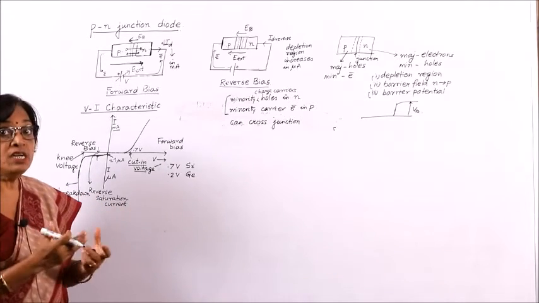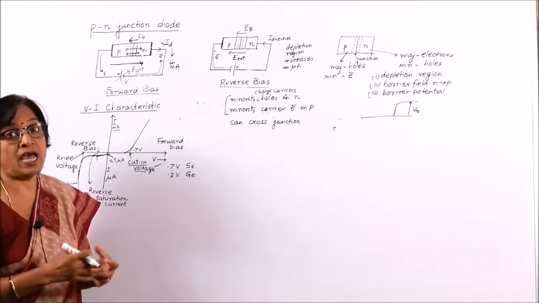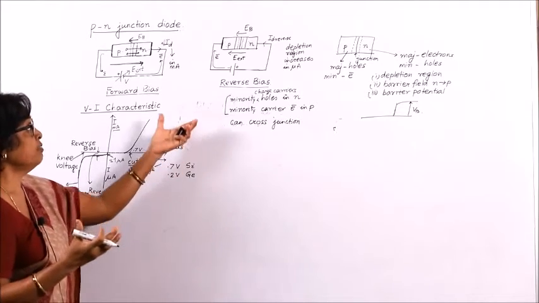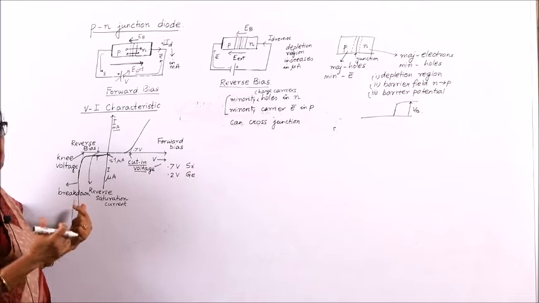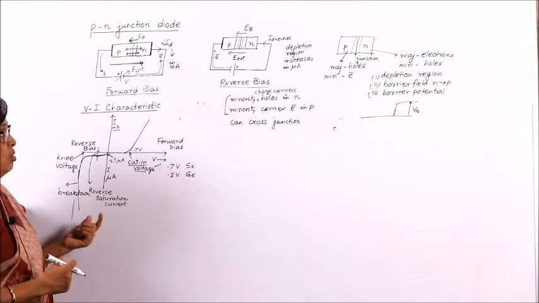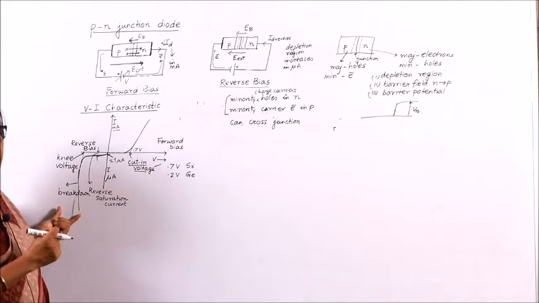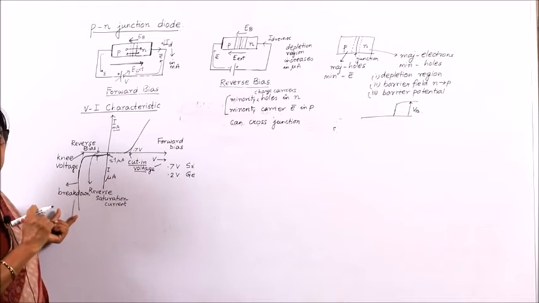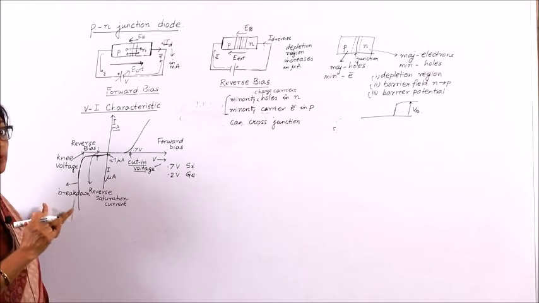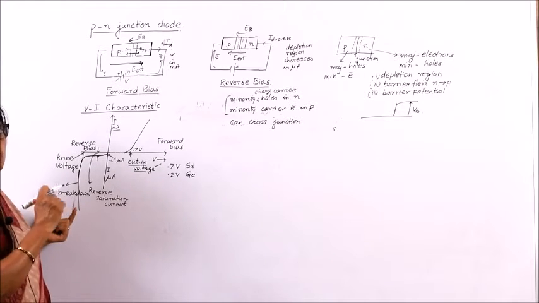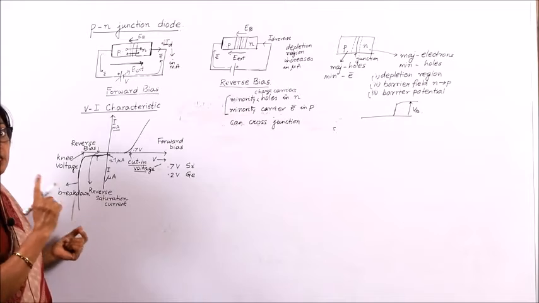So, suddenly there are a large number of electrons and holes, and the reverse current suddenly increases. This is the breakdown region. When a diode is properly made such that we use the breakdown region, that is called a Zener diode, and the breakdown due to breakage of covalent bonds is Zener breakdown.